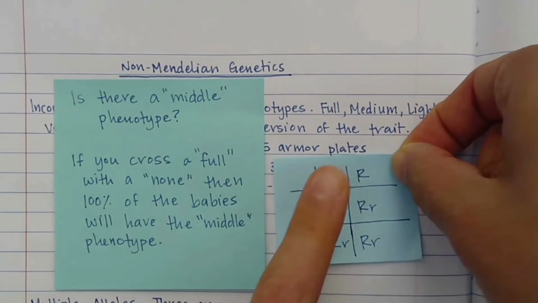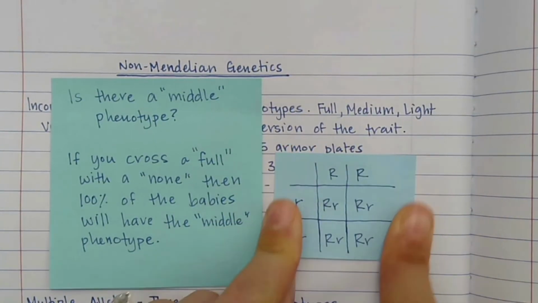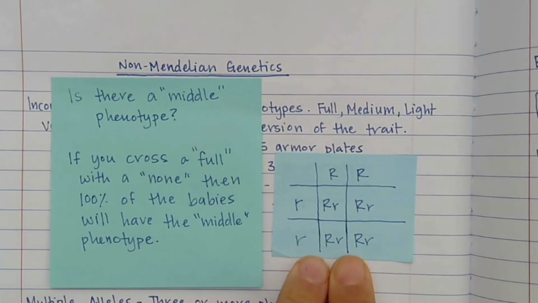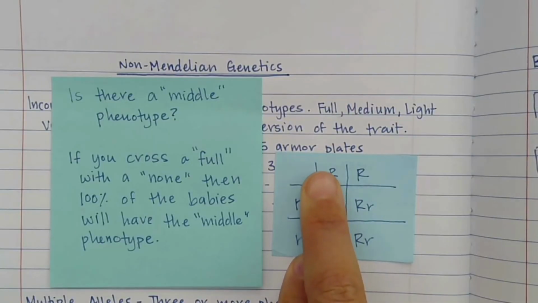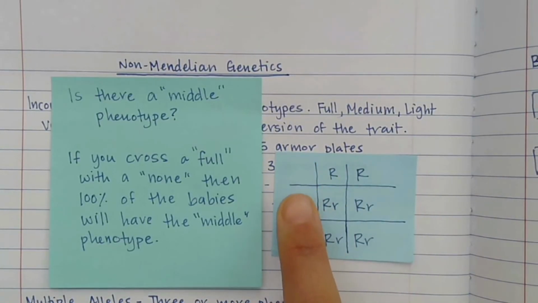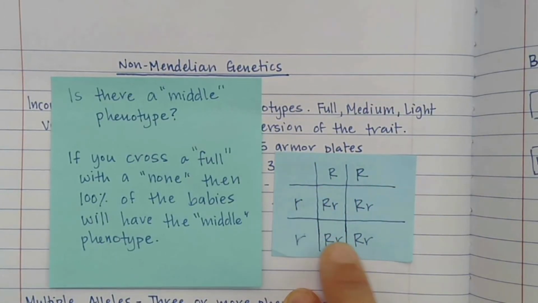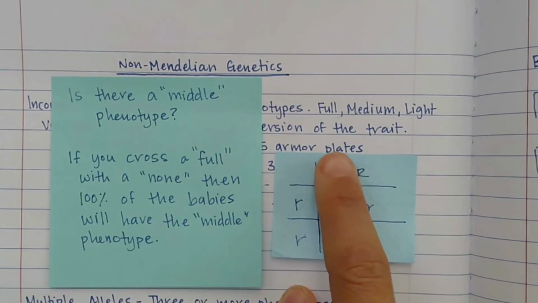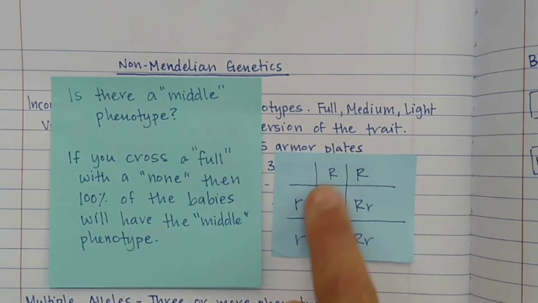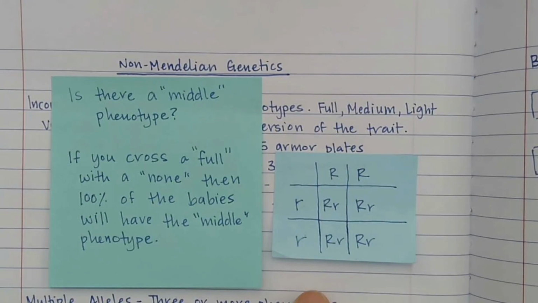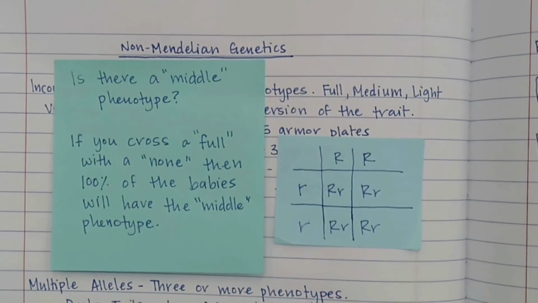So here's a Punnett square for that, but I used R for my allele. So black, white, 100% gray, or red, white, 100% pink. This happens a lot with color.